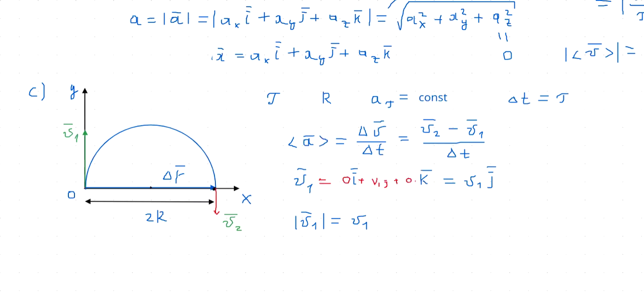Because without j, this is a vector but this is a scalar, and a vector cannot be equal to a scalar.